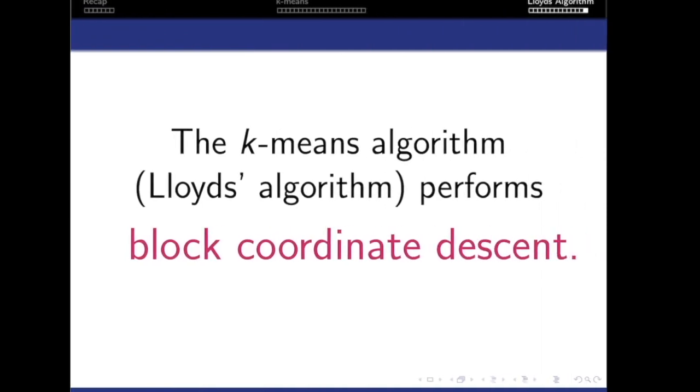And yeah, the big takeaway of this lecture is that the k-means algorithm, which is known as Lloyd's algorithm, performs block coordinate descent. So today we have seen this very hard to solve discrete optimization problem of k-means, and we also have discussed how to optimize this problem and put it into the framework of the methods we have seen before, like for example coordinate descent, and also other problems which we have discussed before, like the rank R matrix factorization problem.